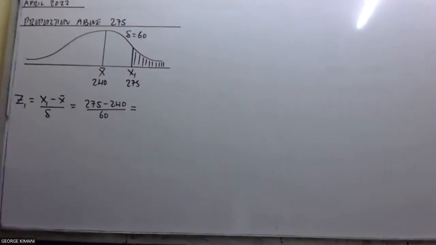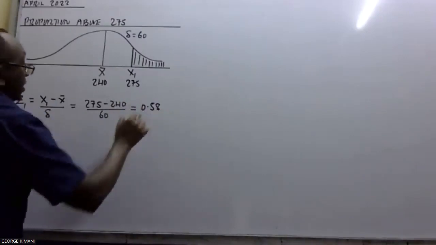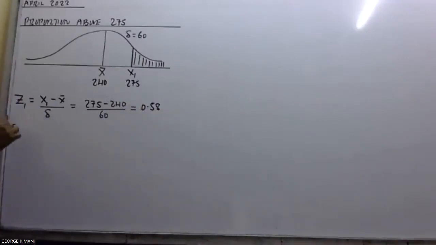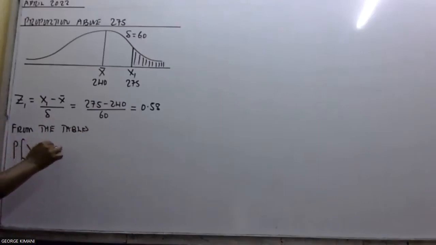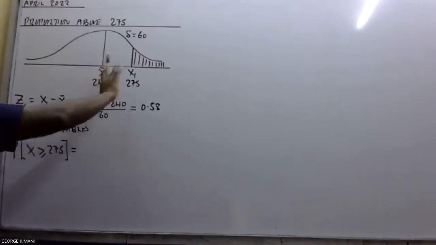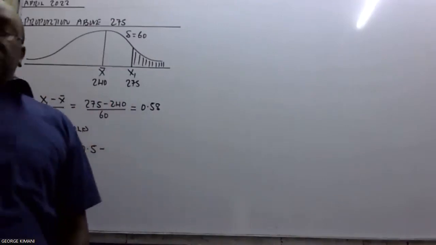0.58. So from the tables, the probability that x is greater than or equal to 275, because we are starting from here, we will have to say 0.5 minus what we read from the tables.